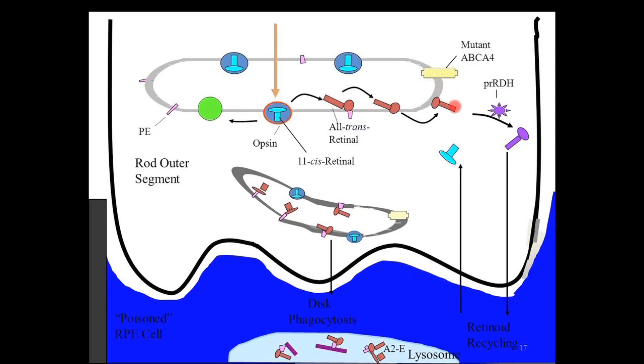And that's very important because these discs get recycled at an incredible rate of 10% a day. 10% of your rod photoreceptor cells get chewed up by these epithelial cells nearby, so that all this component can be recycled and you can have room to generate new discs which are all ready to detect light.